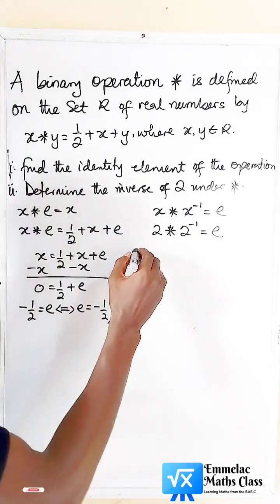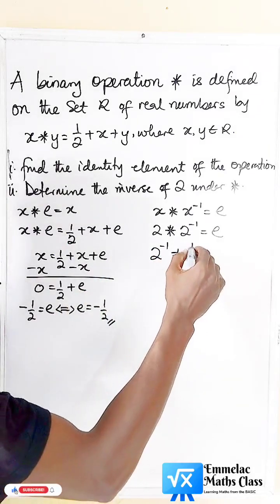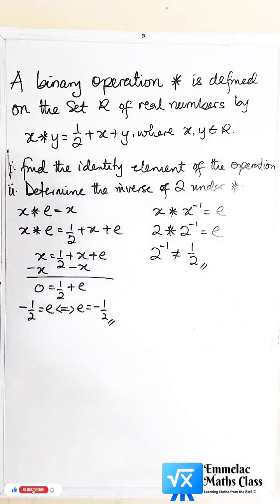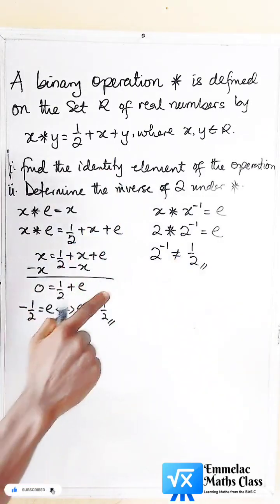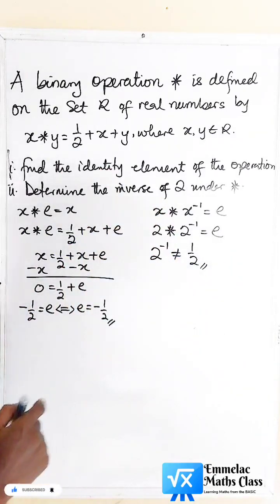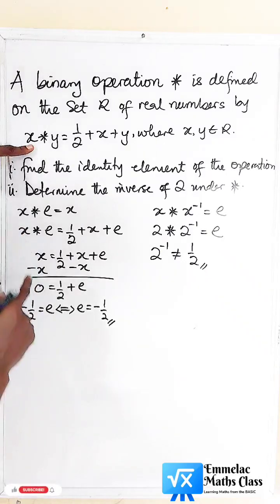Take note that it's not the same thing as 1 all over 2. In the context of what we are doing, it is the inverse of 2. So let us now come back to this equation again.